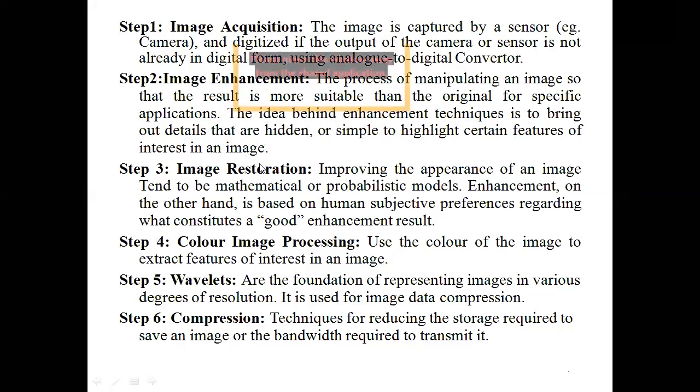Next, image restoration. Image restoration means improving the appearance of an image using mathematical or probabilistic models. This image restoration is also used to increase the appearance of the image, in an objective manner.